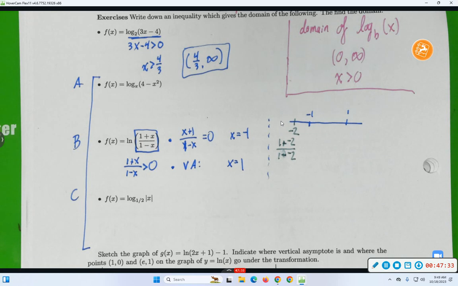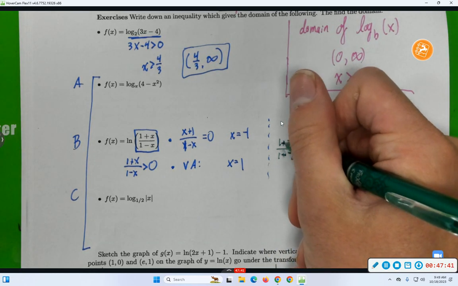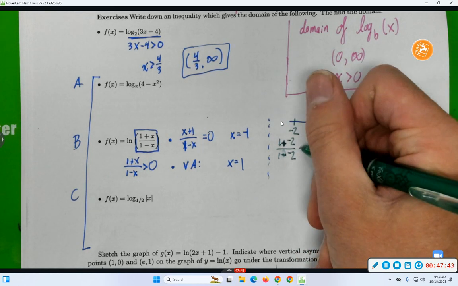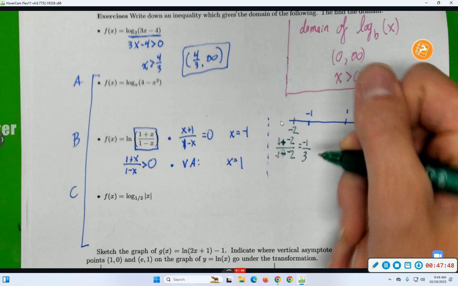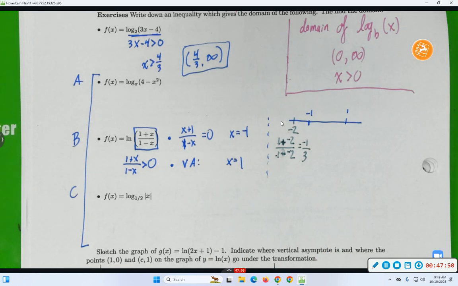Is that positive or negative? 1 plus negative 2 would be negative 1. 1 minus negative 2 would be 3. I think it's negative, unless I'm screwing up. Okay, excellent.